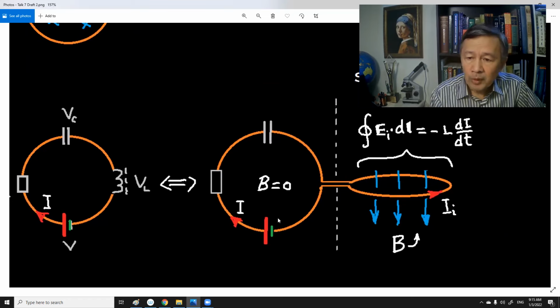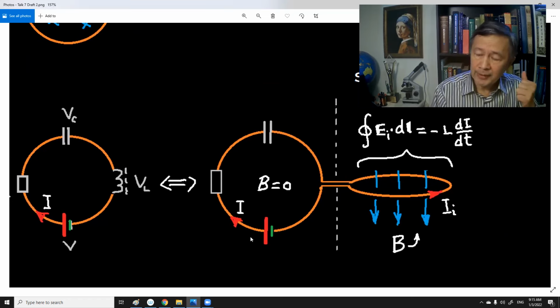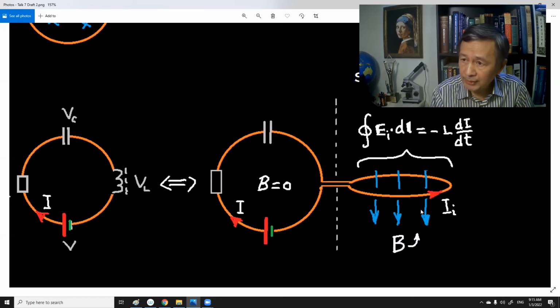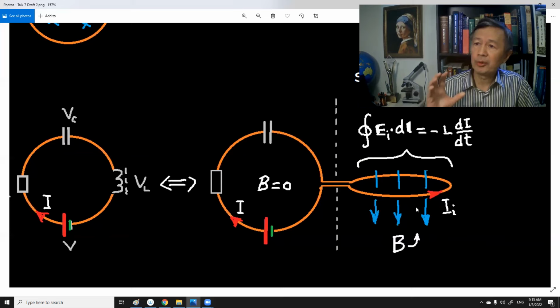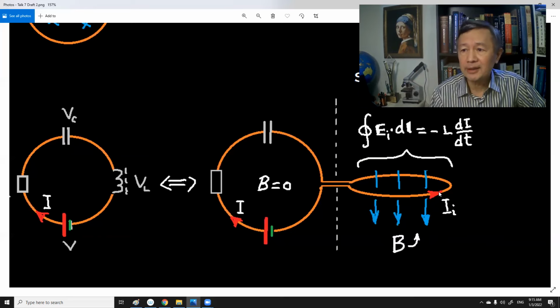So when the current increases in the loop we discussed, the magnetic field will increase. As a result, some remaining independent-thinking electrons will refuse the change. They will refuse the mandate, and so they try to move backward to resist this external influence.